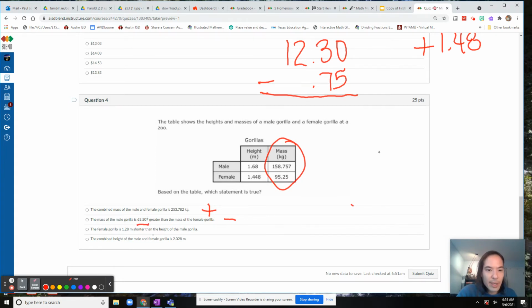The female gorilla is 1 and 28 hundredths meters shorter than the height of the male gorilla. So if we subtract those two things, then we can find out if that is the answer. And then finally, if we add these 2 meter heights and our answer is this, then that would be the right answer. So you might have to do up to 4 problems for this. The first one is adding the mass. The second one is subtracting the mass. The third one is subtracting the heights. The fourth one is adding the heights.